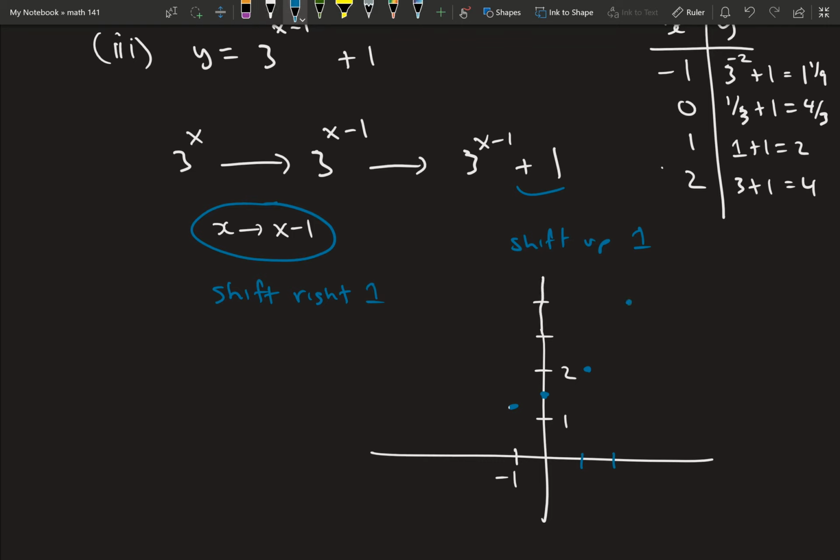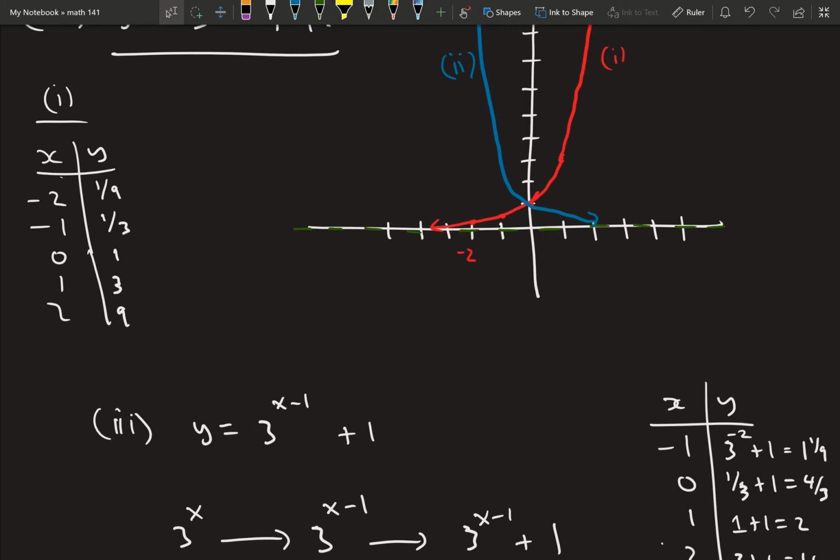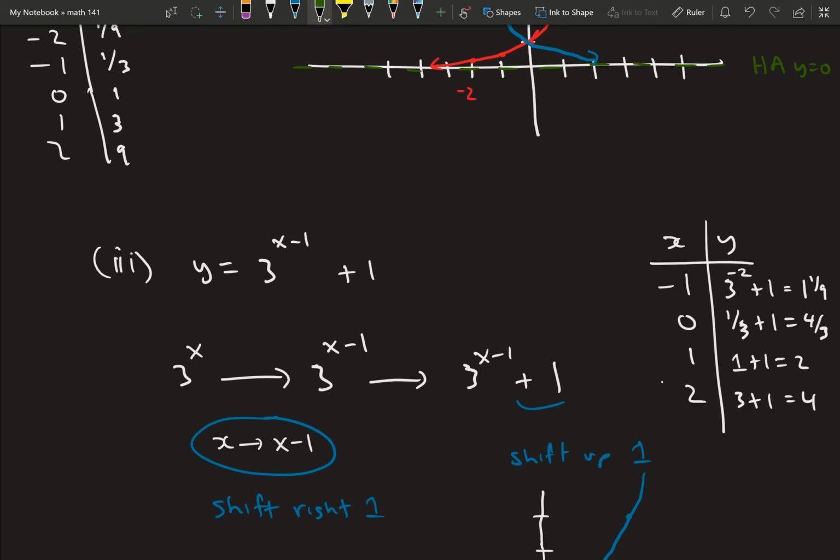Now we can draw the graph, but where is this tapering towards? Where is the horizontal asymptote? Well, the original horizontal asymptote was y equals 0. All we do is bump that up by 1, because shifting it to the right doesn't change the asymptote.